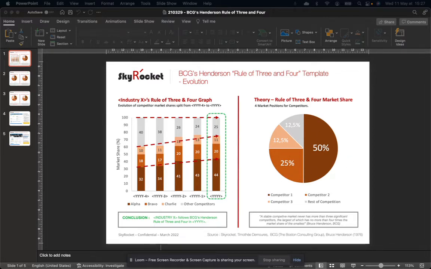Of course, there are many exceptions to this framework, notably industries in which shared experience is high between a market sector and the rest of the market, which enables a low share competitor to dominate a specific market sector, for instance, with low cost strategies.